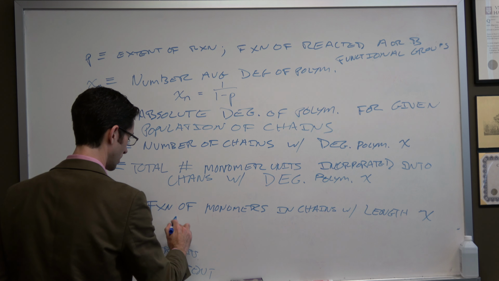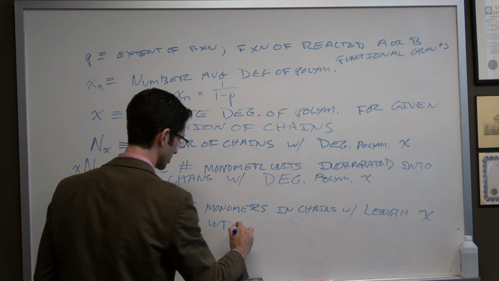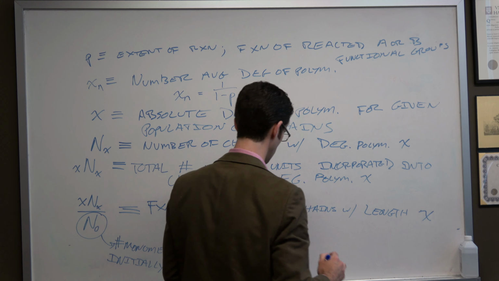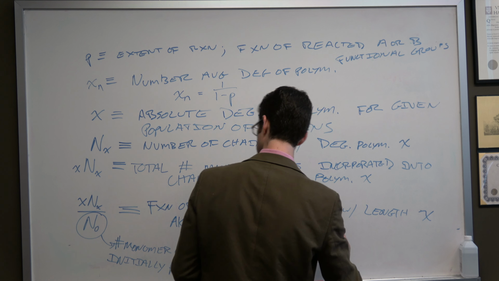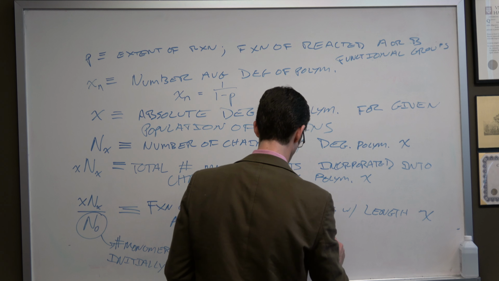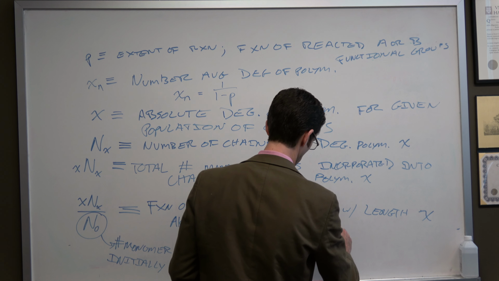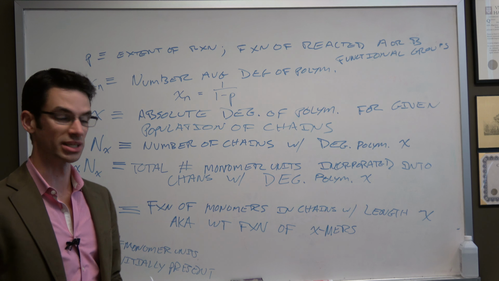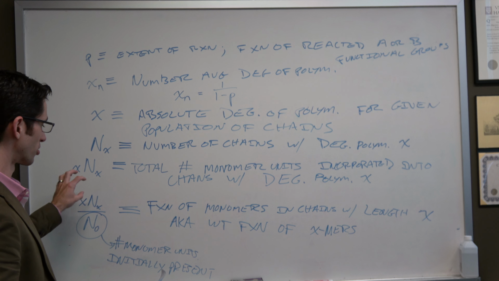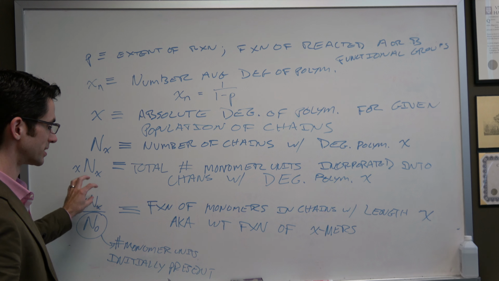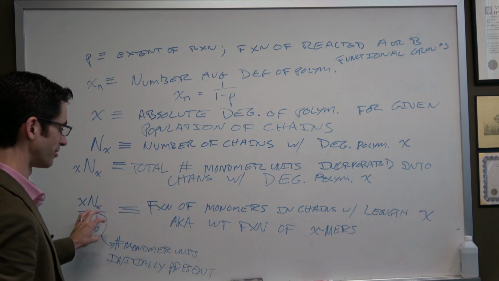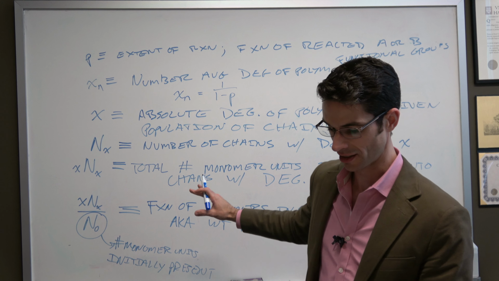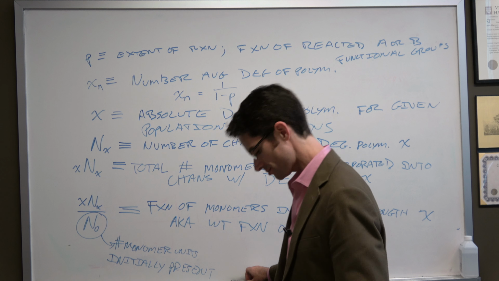This is also equivalent to the weight fraction of x-mers, because we have the total number of monomer units in chains with length x divided by the total number of monomer units in the system, which we added at the very beginning of the reaction. Okay.